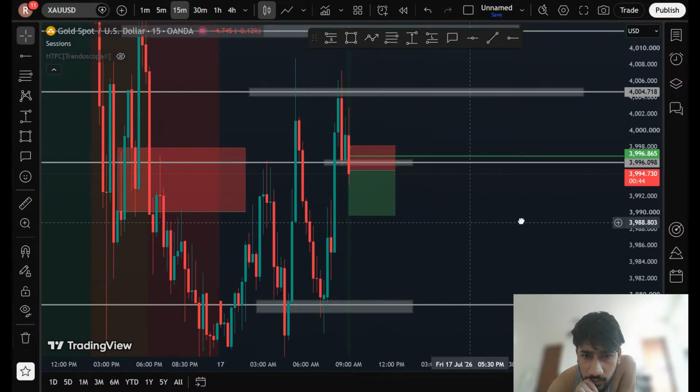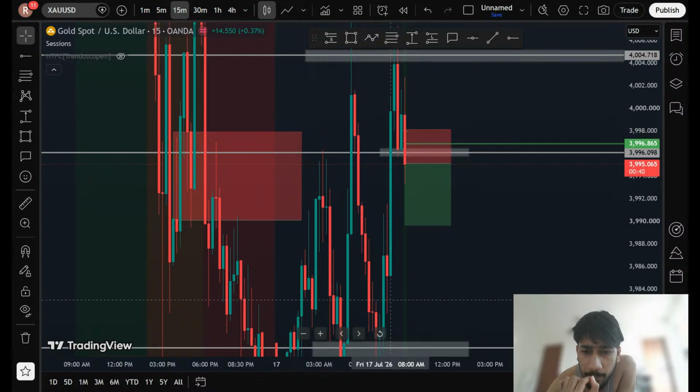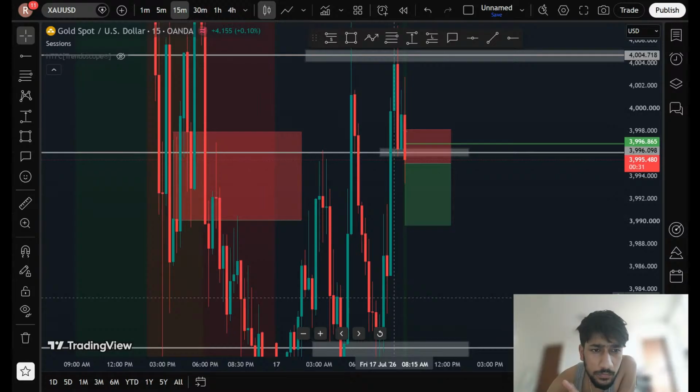Ideally, it should wake up and break below the low. There, it went to 0.11.